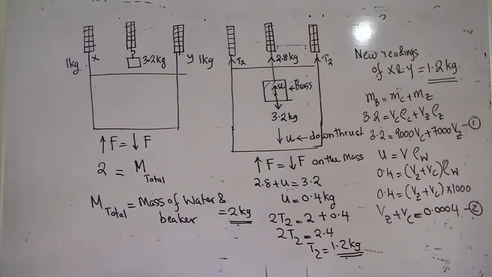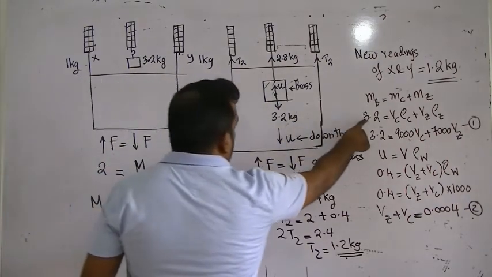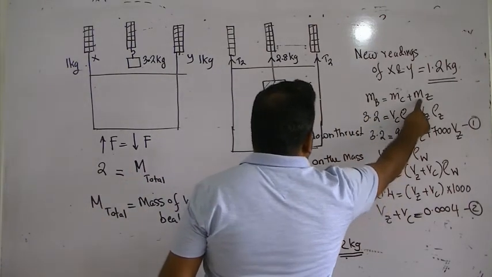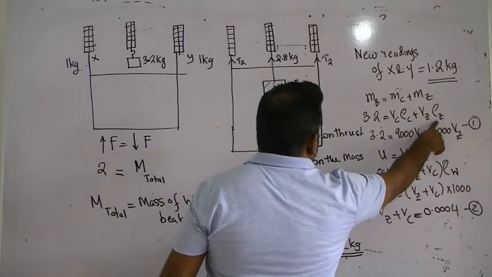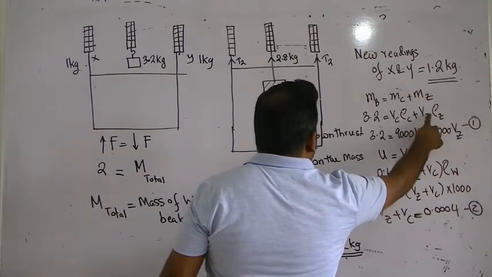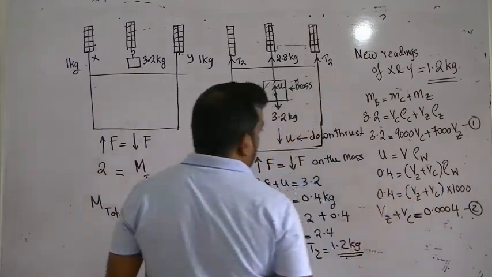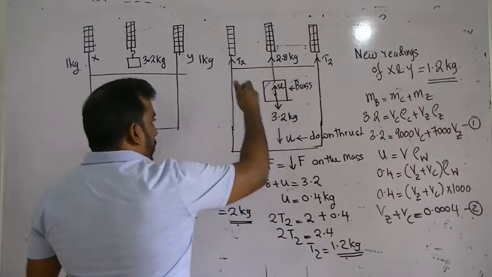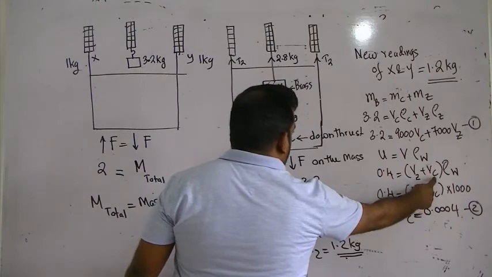So the total mass of brass is the mass of copper plus the mass of zinc. Mass of brass is given here as 3.2 kilograms. Mass of copper is volume of copper times density of copper. Mass of zinc is volume of zinc times density of zinc. Also don't forget, upthrust is acting on the total volume, meaning the volume of zinc and copper.